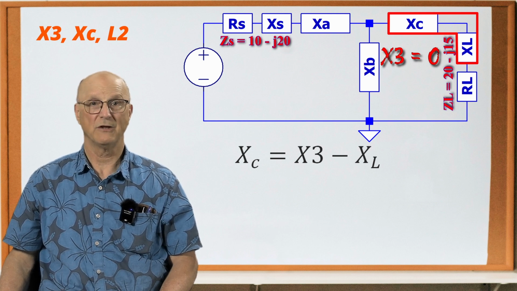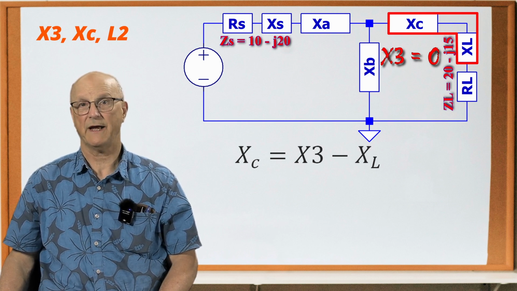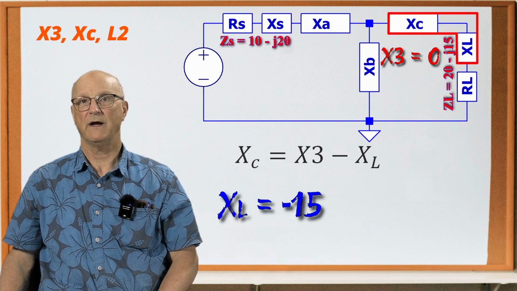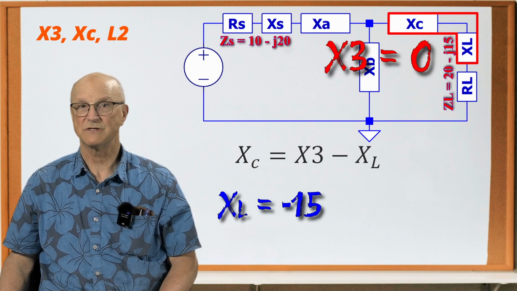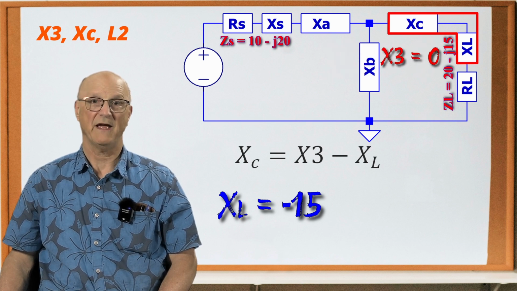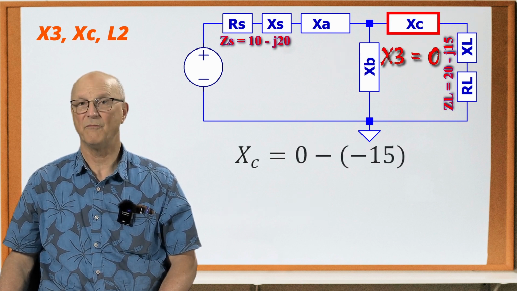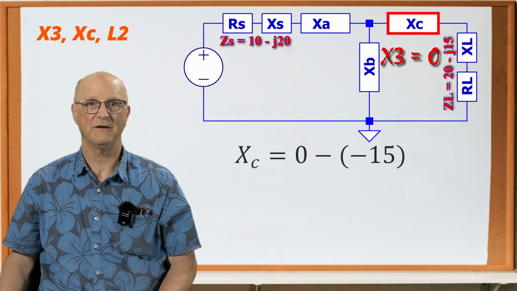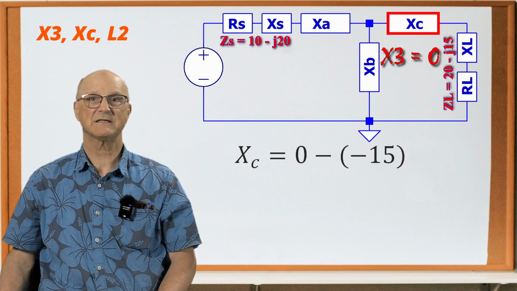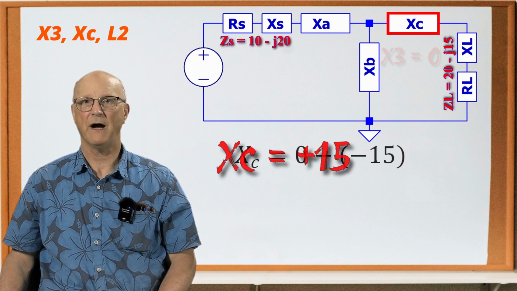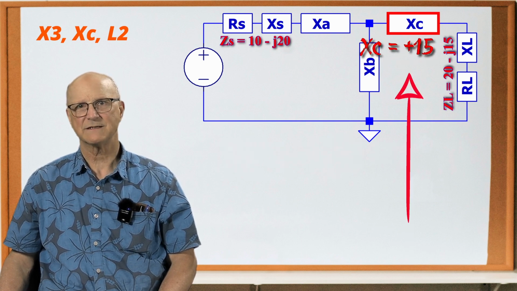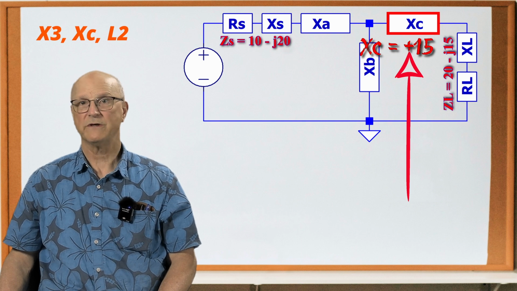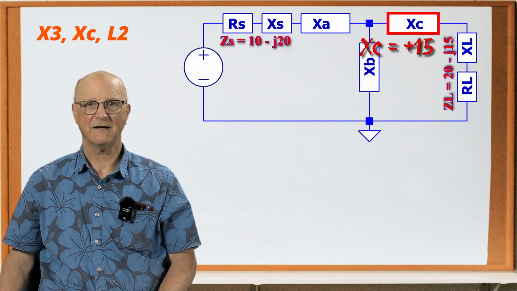And we know that the load's series reactance, XL, is equal to a negative 15, and X3 is equal to 0. So XC is equal to 0 minus a negative 15, which gives us that XC is equal to a positive 15. Notice that the reactance is positive, which means that this is an inductor.